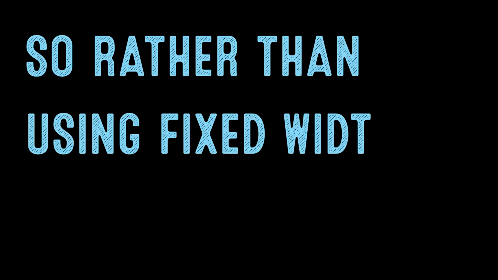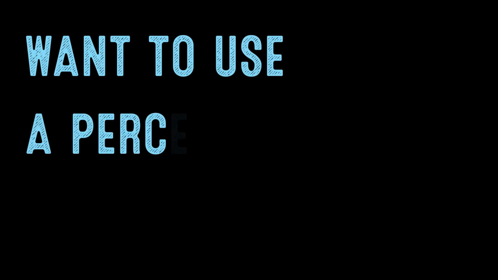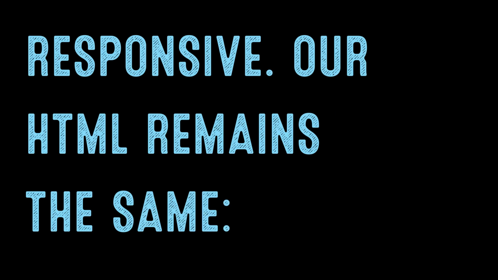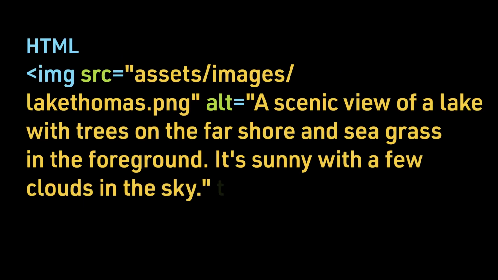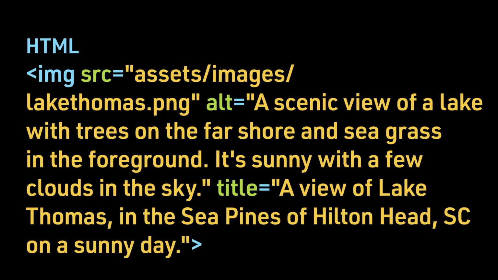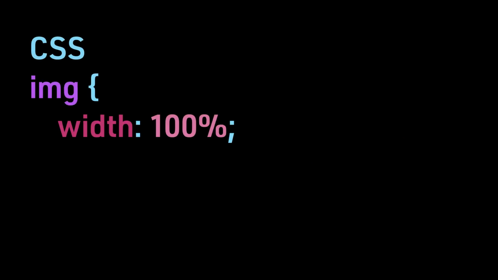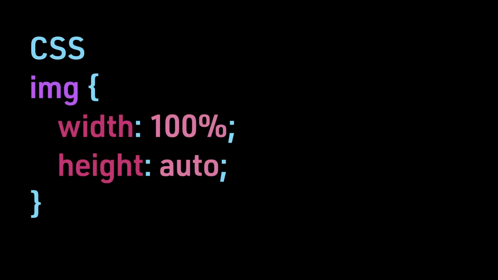So rather than using fixed widths, we may instead want to use a percentage to make our image responsive. Our HTML remains the same. Instead, we will use a 100% for our width so that our image will scale to the full width of the containing element.